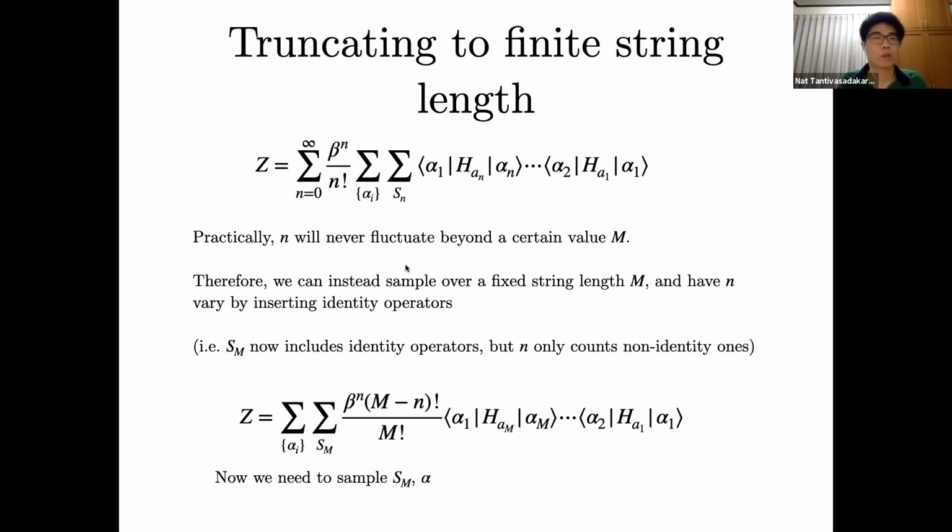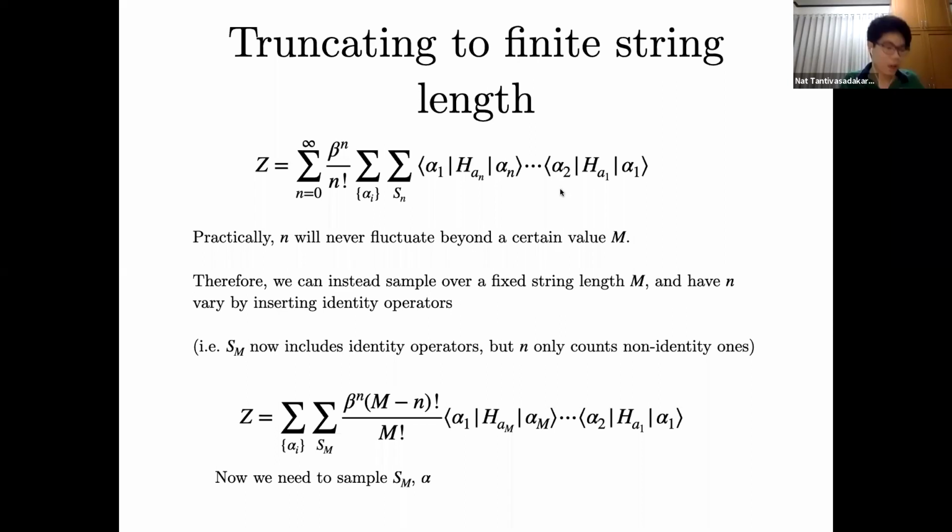So instead of sampling over the various n, you can fix a string length M. That means I'm only inserting big M number of operators.